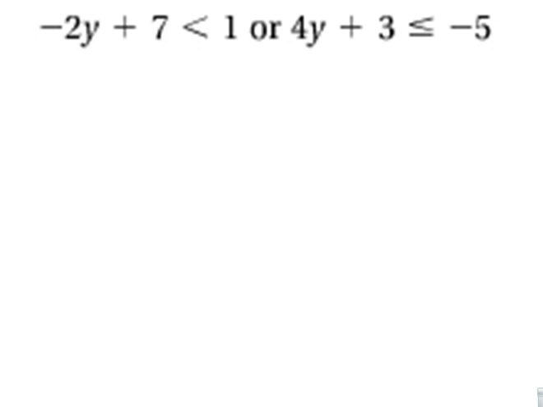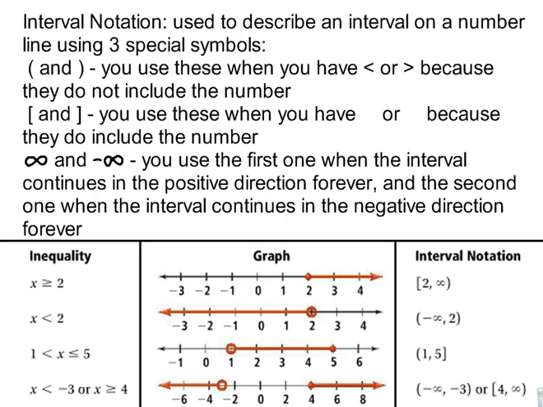All right, moving on. Interval notation, all right? Used to describe an interval on a number line using 3 special symbols. Okay, the symbols include parentheses. Parentheses are used when we have less than or greater than. Okay. We have the brackets.